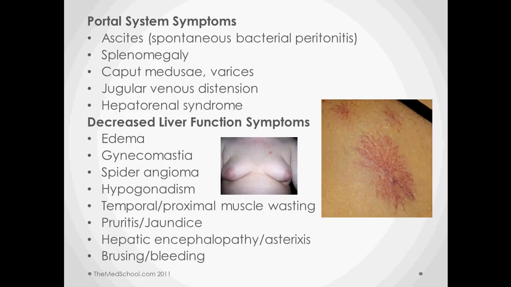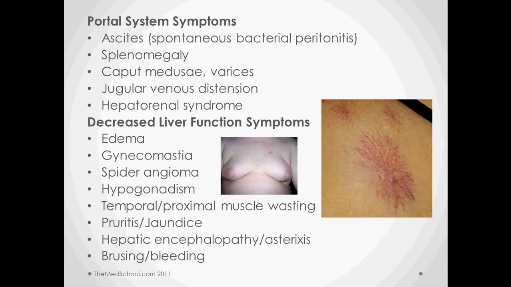So the other set of symptoms are related to the fact that the liver is not producing proteins like it should, and also that it's not clearing toxins like it should. So edema comes from the decreased oncotic pressure that's associated with a lack of albumin.